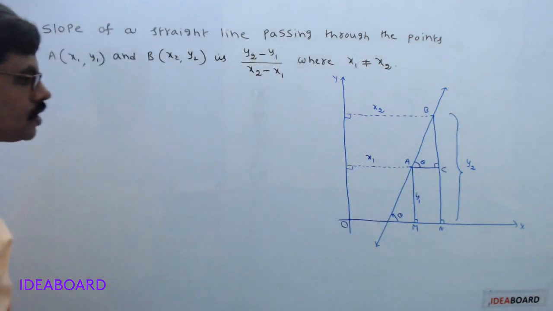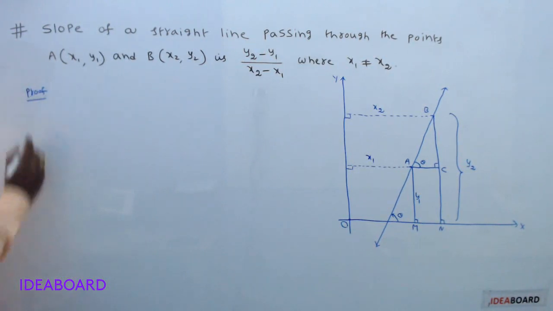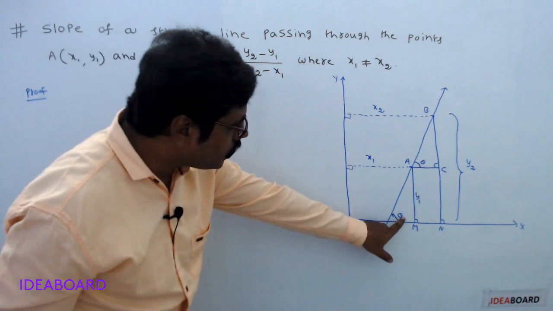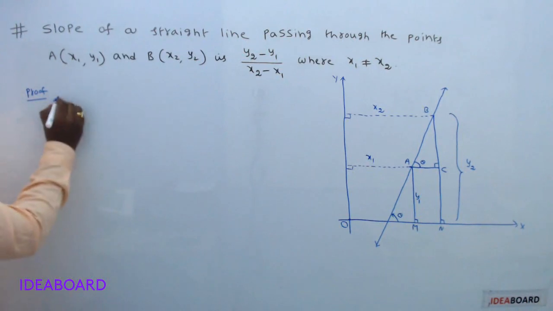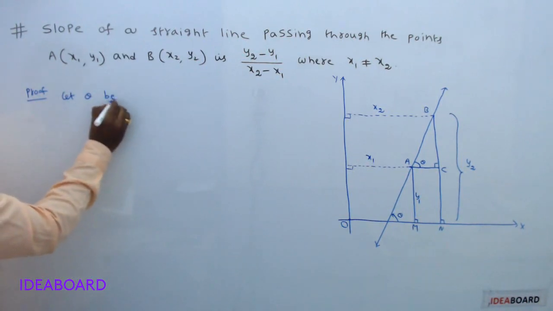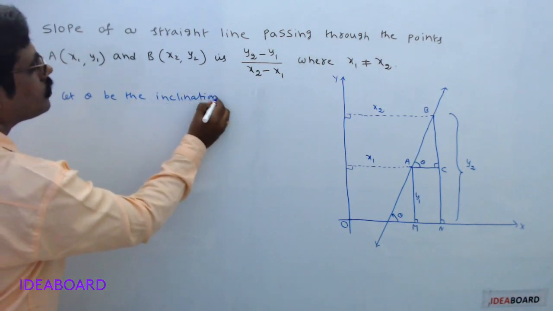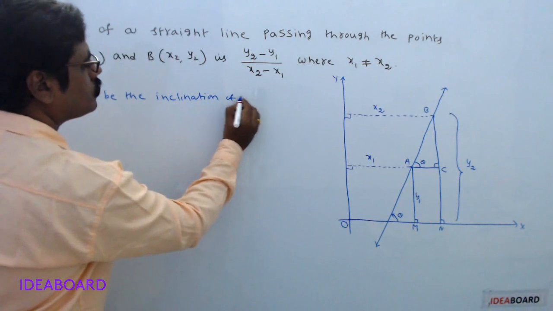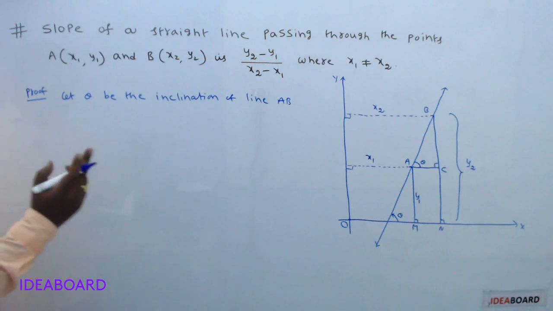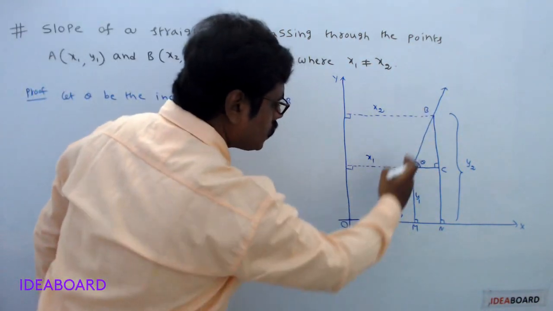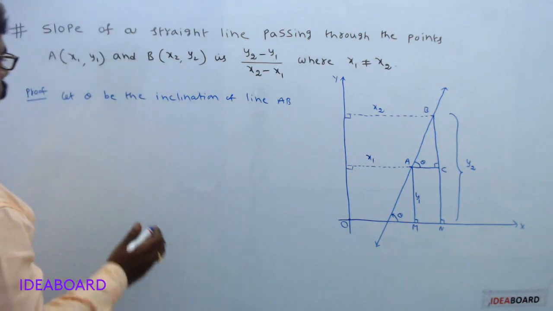Now first write down the description. Initially, what is our assumption? Let theta be the inclination of line AB. So if theta is the inclination of line AB, then tan theta is called the slope of line AB.